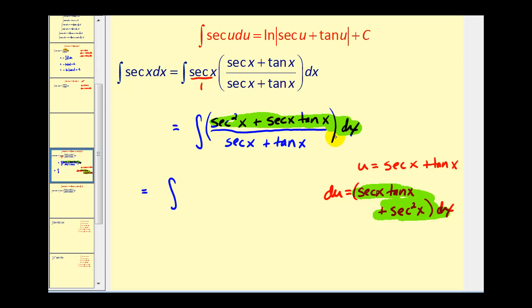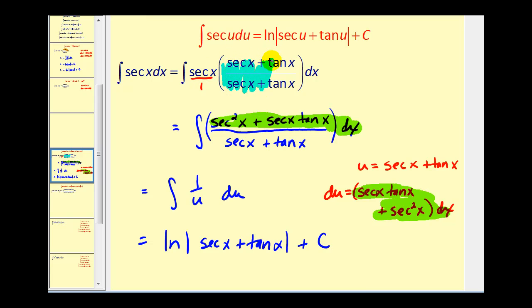So all of this highlighted in green just becomes du, and secant x plus tangent x is equal to u, so we have 1 over u. So this gives us natural log absolute value of u, where u is just secant x plus tangent x. So it would be difficult to know that you had to multiply secant x by this fraction here in order to make this work.